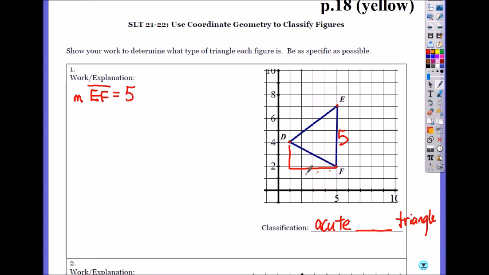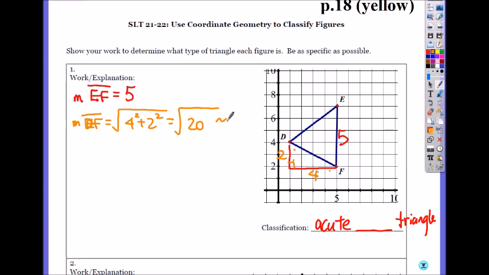So what about here? It is 1, 2, 3, 4, and 1, 2. So if you want to find this side, which is the hypotenuse of this right triangle, you can use the Pythagorean theorem. So measure of side DF equals the square root of 4 squared plus 2 squared, right? A squared plus B squared equals C squared. To get rid of the squared, you square root it, so I get square root of 16 plus 4 is 20.